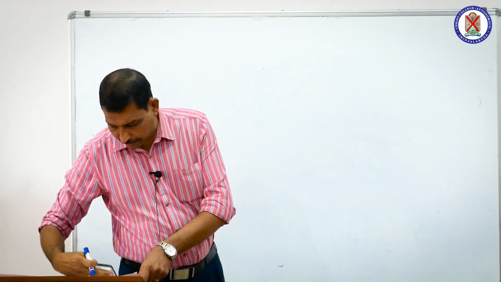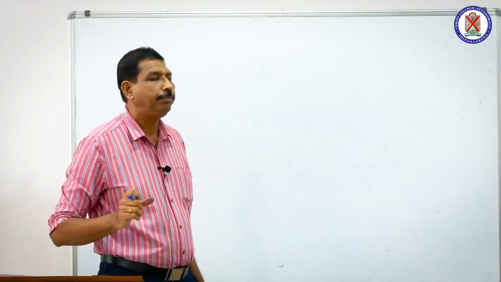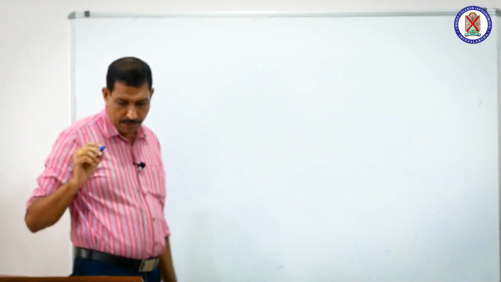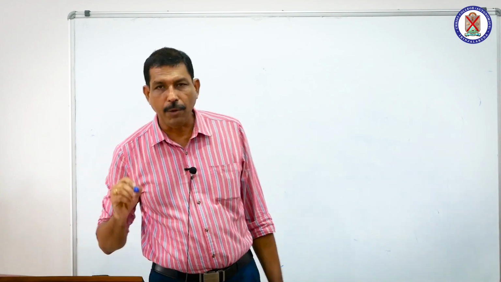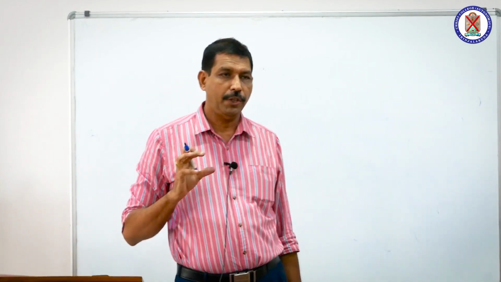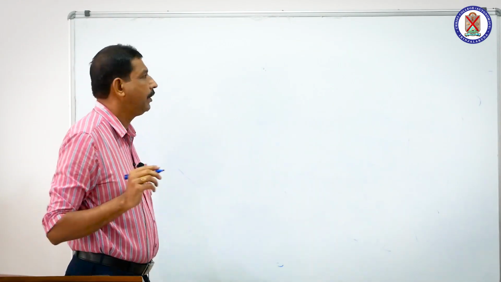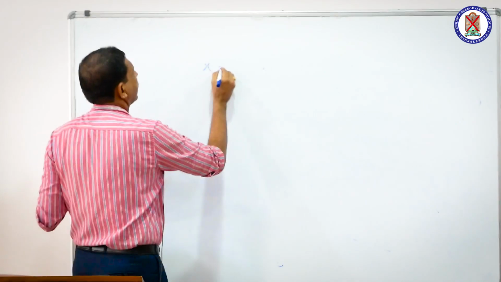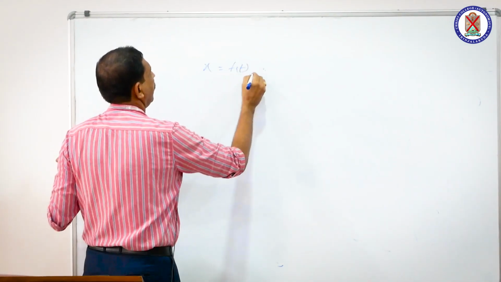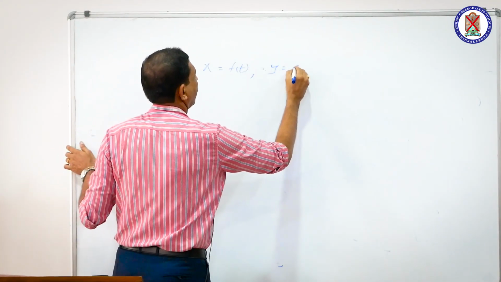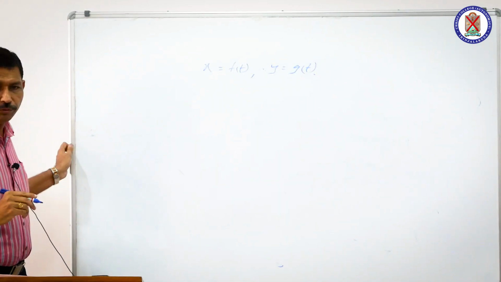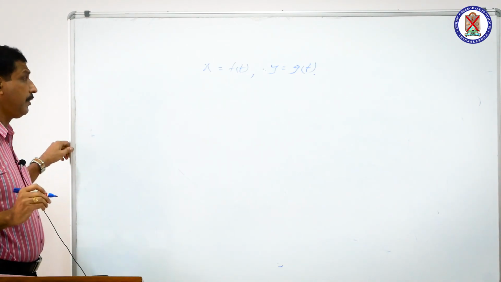Now, so far we came across some examples. The immediate application of this parametric equation is in calculus, differential calculus. We have x as a function of t, y as a function of t, where f and g are continuous functions of t.